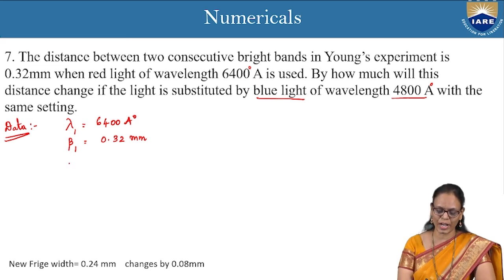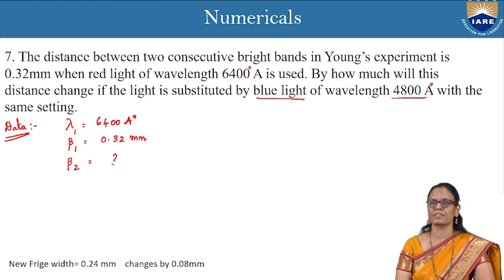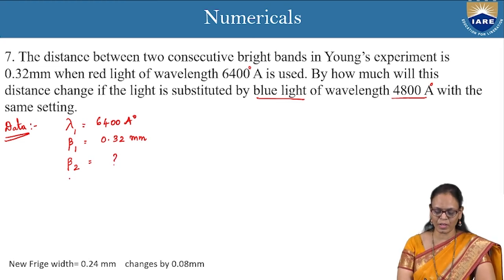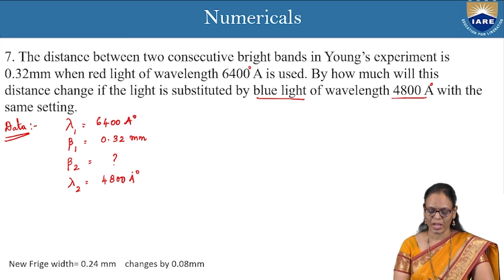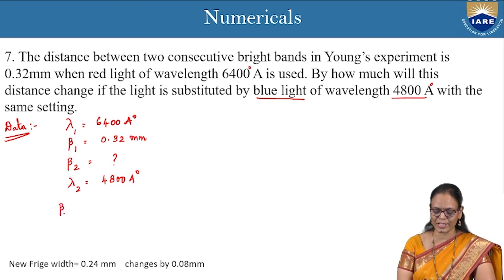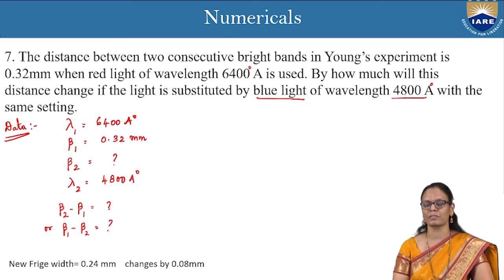Means we have to find beta 2 first and then find the change. Lambda 2 is equal to 4800 angstrom. Actually, what we have to find is the change, beta 2 minus beta 1, or beta 1 minus beta 2, whichever is greater.